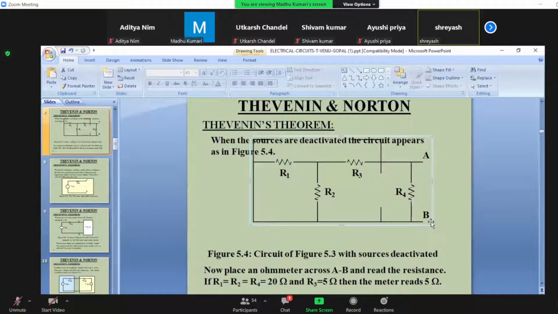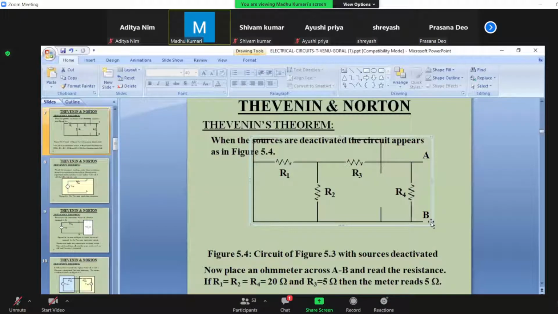That point is A and B. The question is to calculate voltage, power, and current across R5. Step 1 is to remove that load resistance where we have to calculate different parameters. Is it clear?